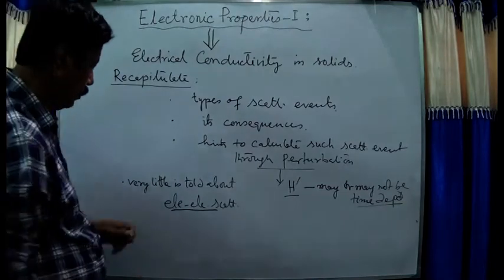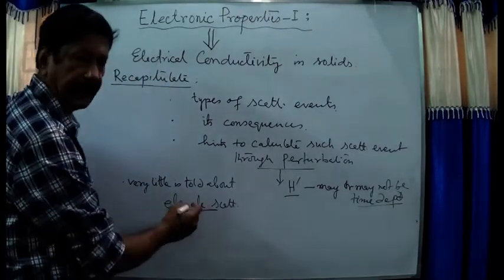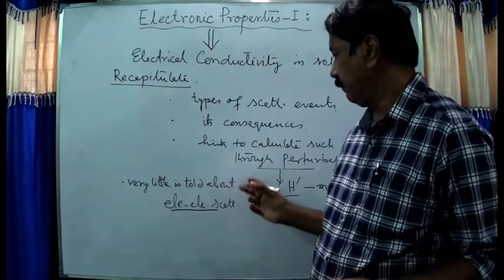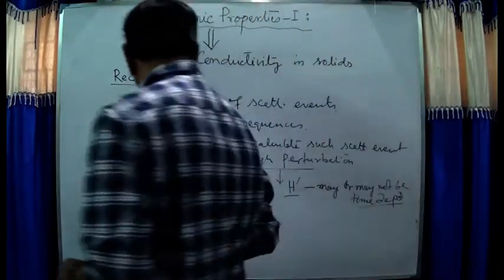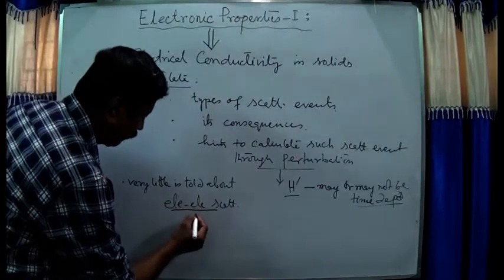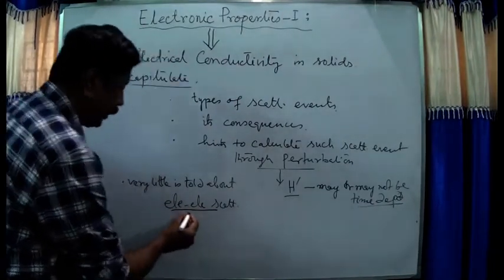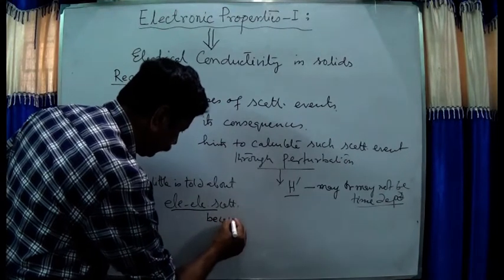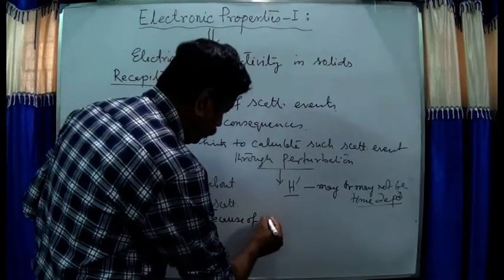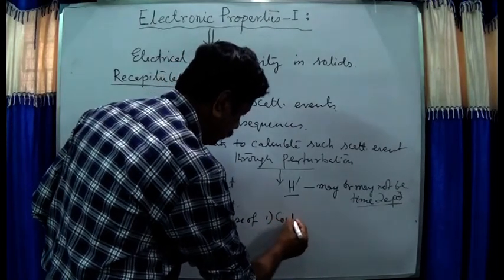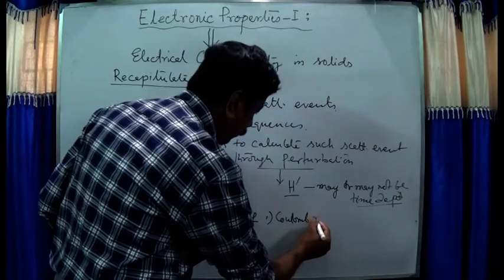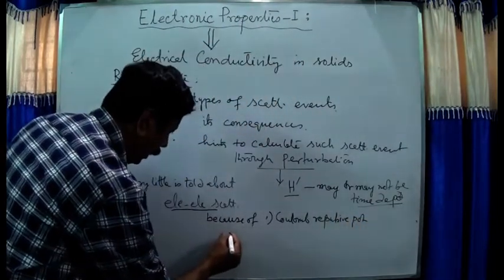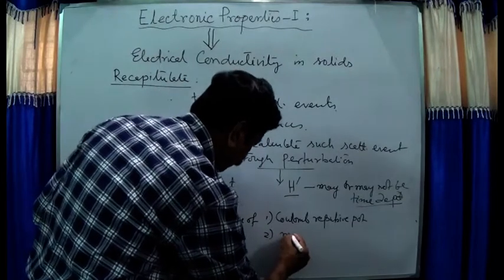We have told you that this scattering poses some formidable complication in solving, because of the Coulombic interaction, the Coulomb repulsive potential, and two, it is a many body problem.